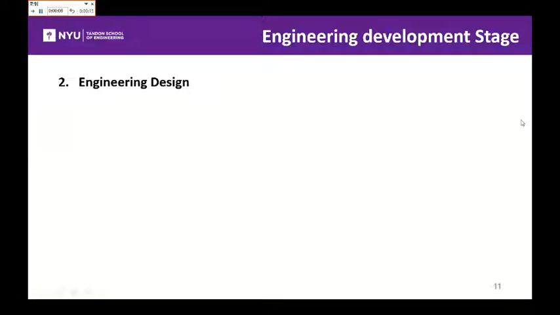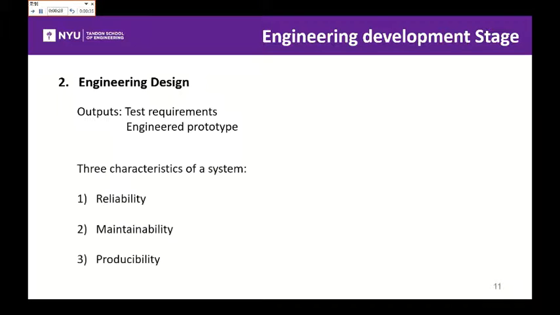The second part of engineering development stage is engineering design. We should first clarify that the outputs of this phase is first a test requirement and second engineered prototype. We can analyze the system from the following aspects: user interfaces, environmental interfaces, the interfaces between modules, and the assembly and installation issues.